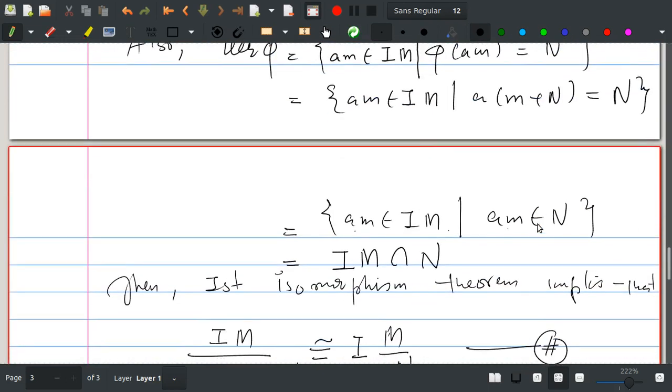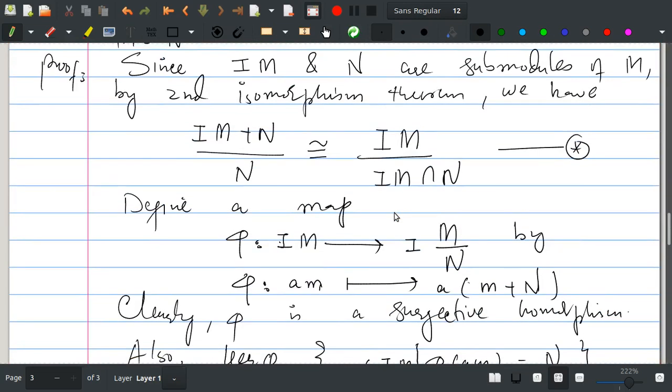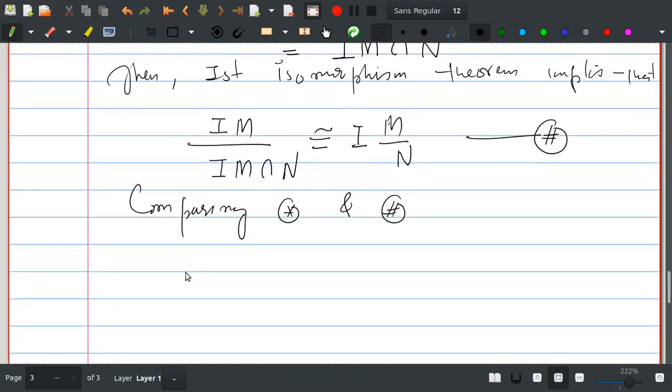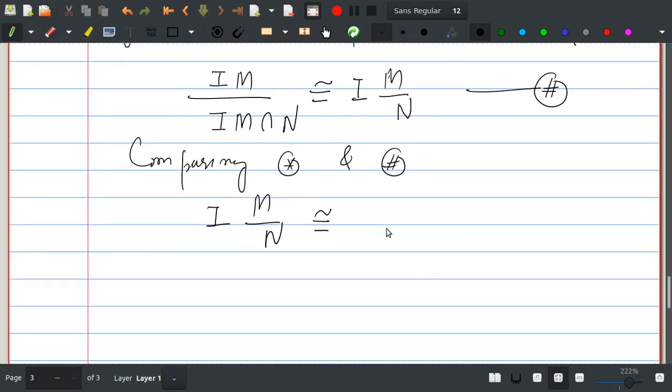If we compare star and this hash, we get that I times M mod N is actually isomorphic to this thing, which is isomorphic to IM plus N mod N.